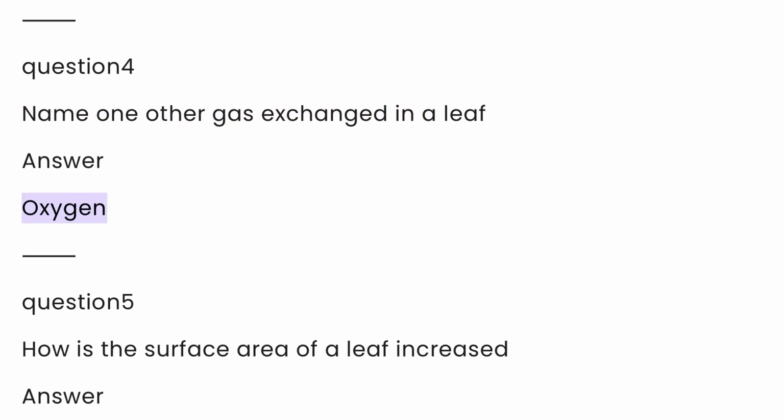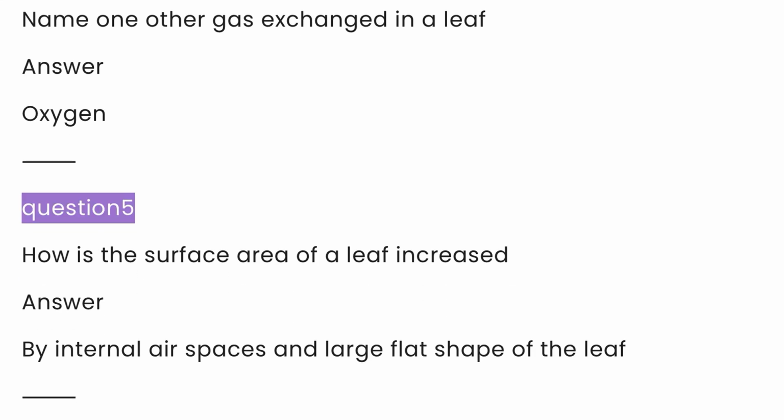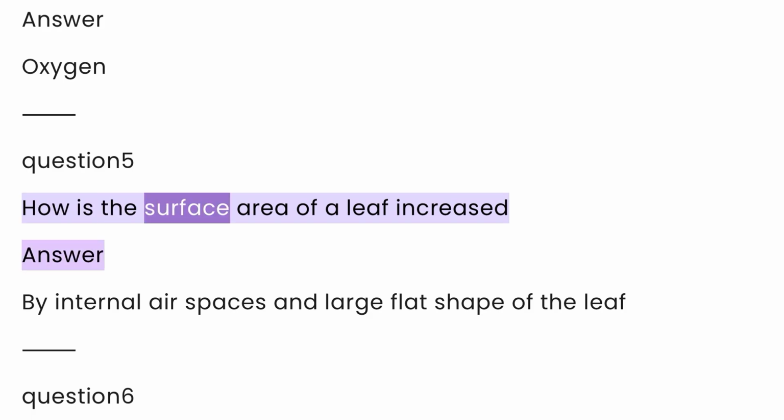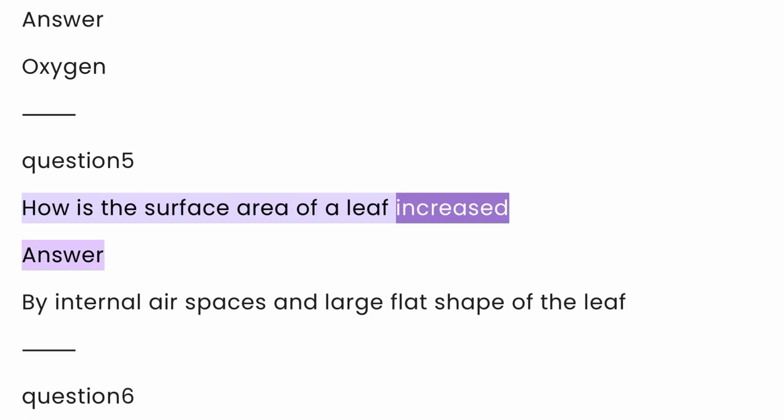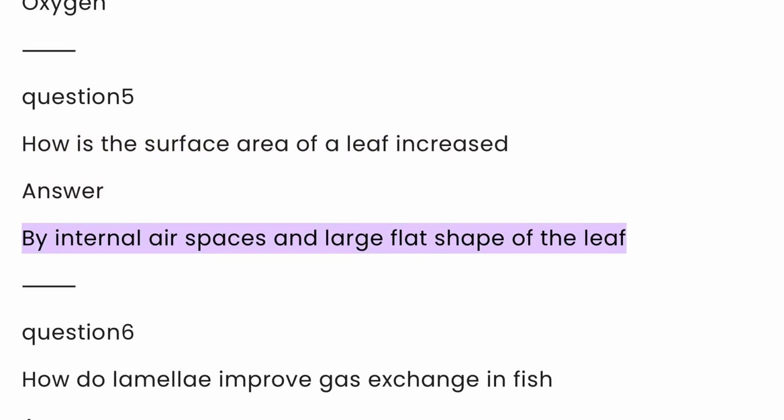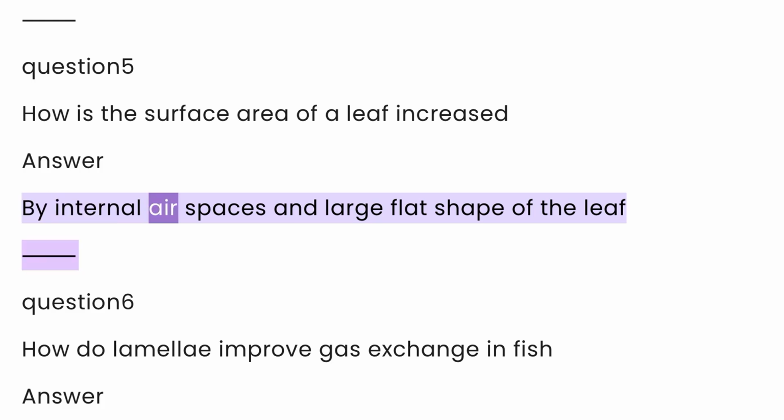Answer: oxygen. Question 5. How is the surface area of a leaf increased? Answer: by internal air spaces and the large flat shape of the leaf.